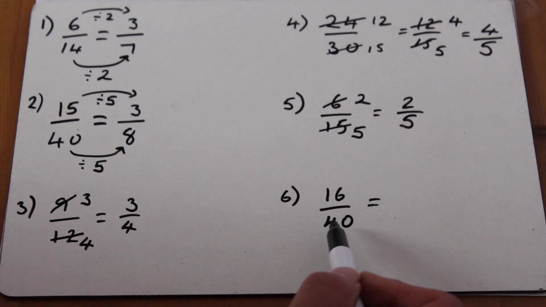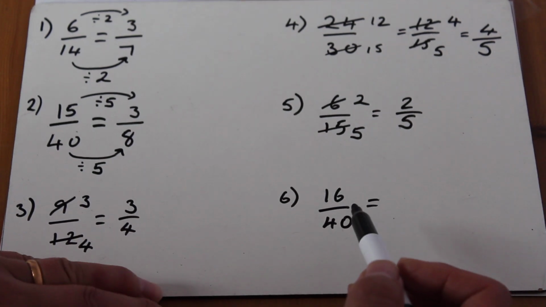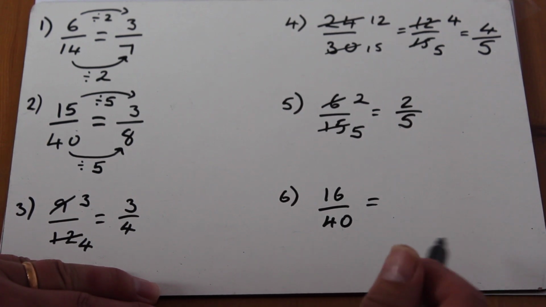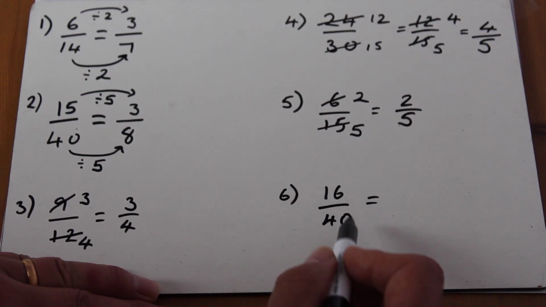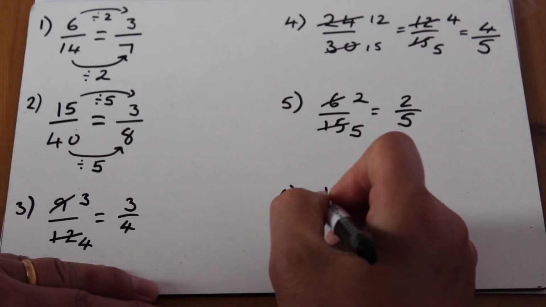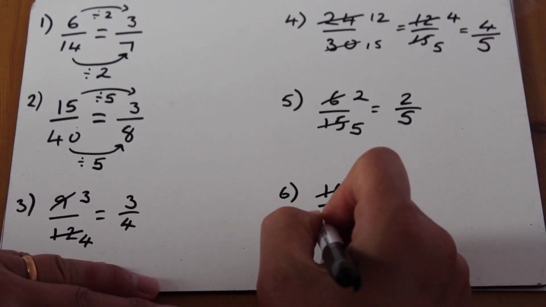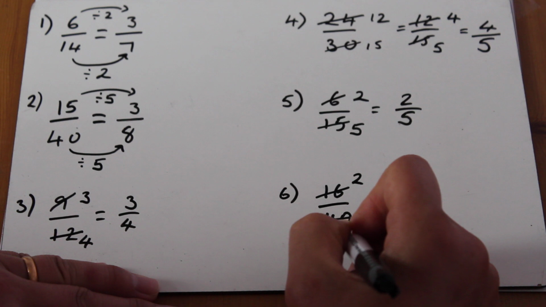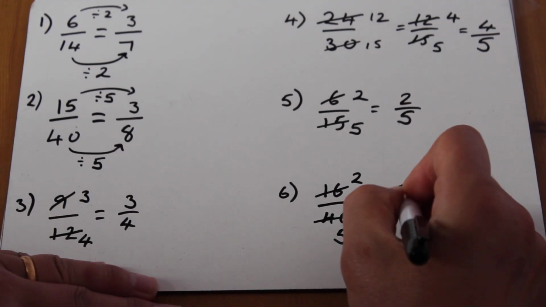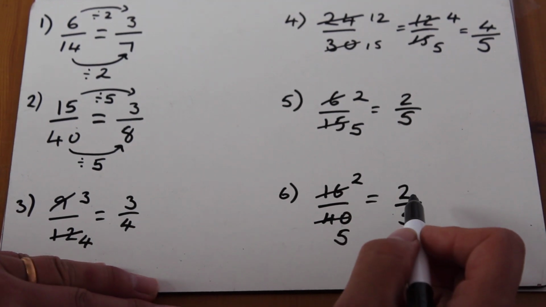Okay, on this one, 16/40. I'm going to jump in with the biggest number that I can think of straight away and then see where it goes from there. So I know that both of these are in my 8 times table. So 8 into 16 goes twice. 8 into 40 goes 5 times. I end up with 2/5, and I know that I can't go any lower.